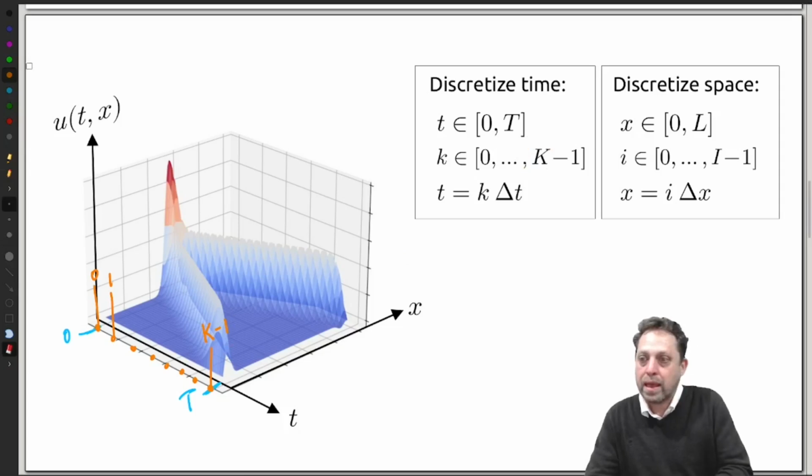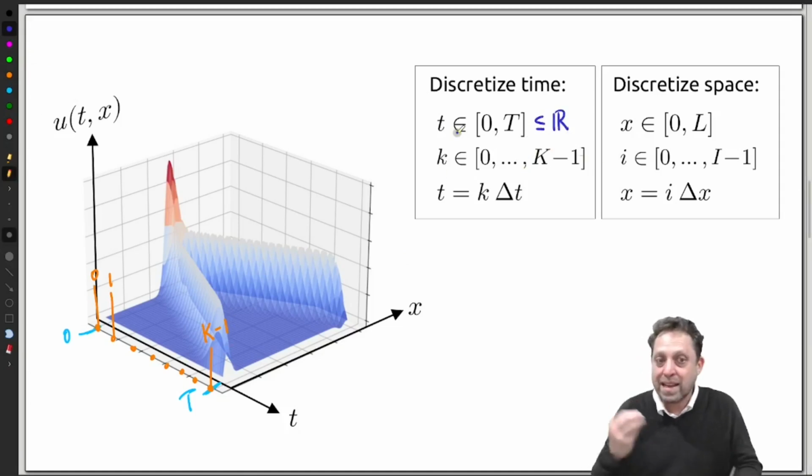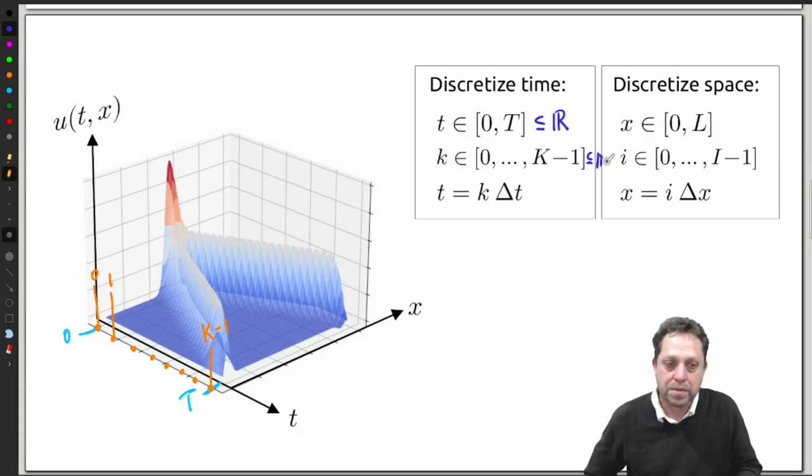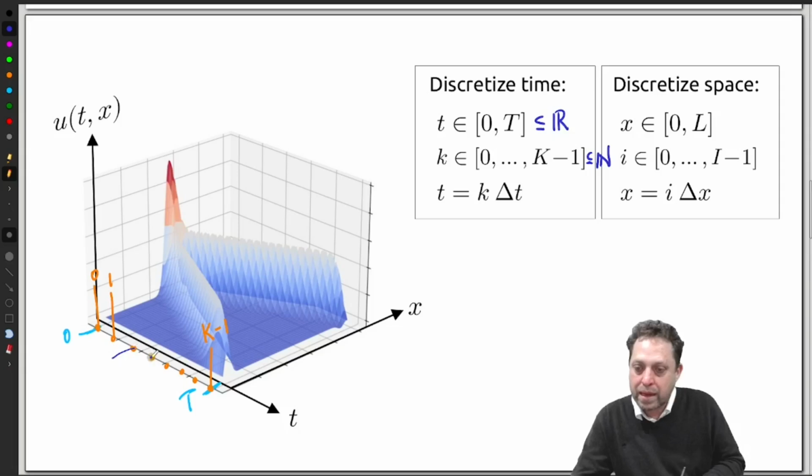So the interval of time, 0 to T, is a subset of the real numbers, whereas these indexes are natural numbers. Now, the space between these nodes, we're going to call that delta t.